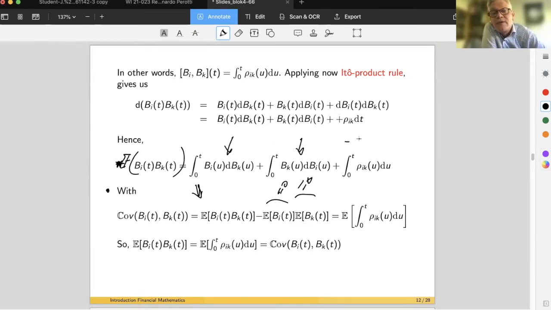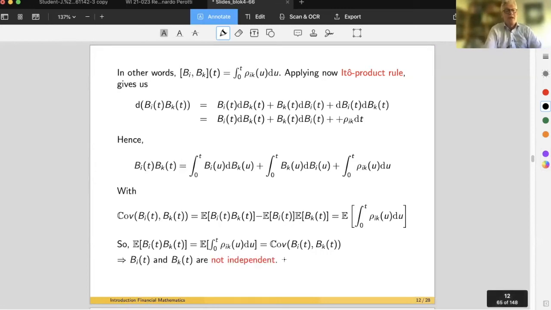So the thing that remains is the expected value of the integral from 0 to t of rho_ik(u) du. So the expected value of B_i(t) times B_k(t) is the expectation of the integral from 0 to t of rho_ik(u) du, and that is the covariance. So that is a notion that these are not independent Brownian motions. B_i and B_k, they are not independent.